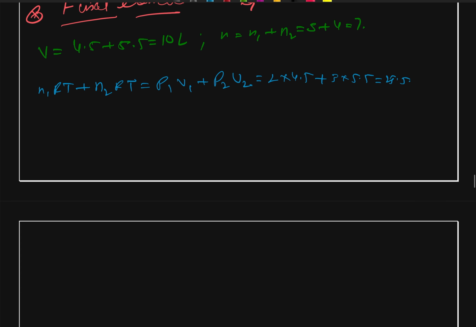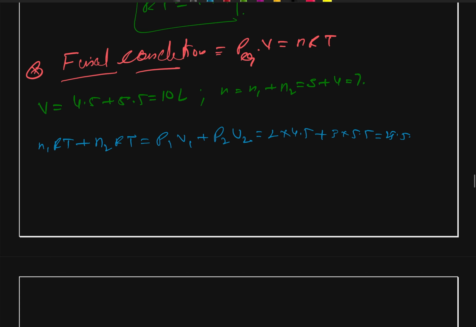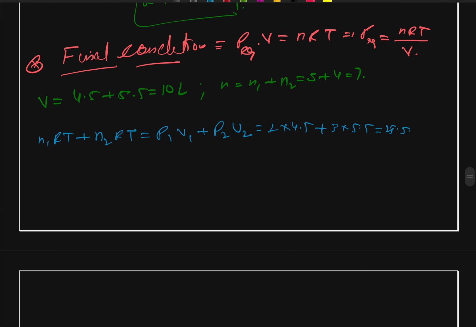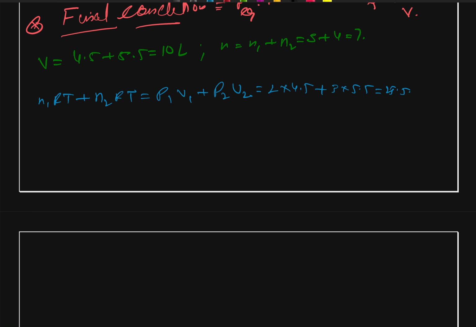So we get that, okay, from here let me write that this P equivalent will be equal to nRT upon V, so we get that our P equivalent will be equal to nRT upon V.